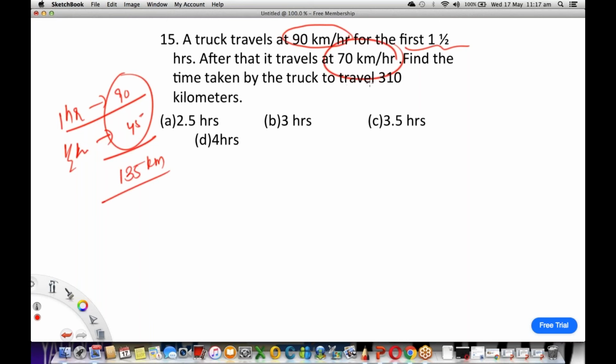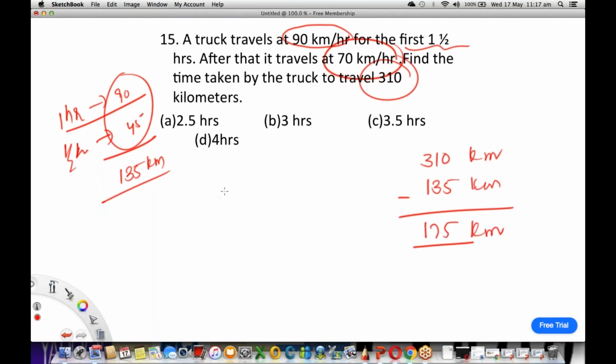So how much time will it take to travel 310 kilometers, he said. Out of 310 kilometers, it has already done 135 kilometers. If it is done with 135 kilometers, what is left? The leftover will be 175. These 175 kilometers it's moving at a speed of 70.